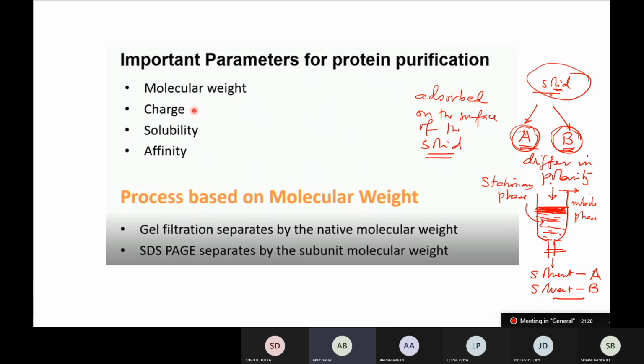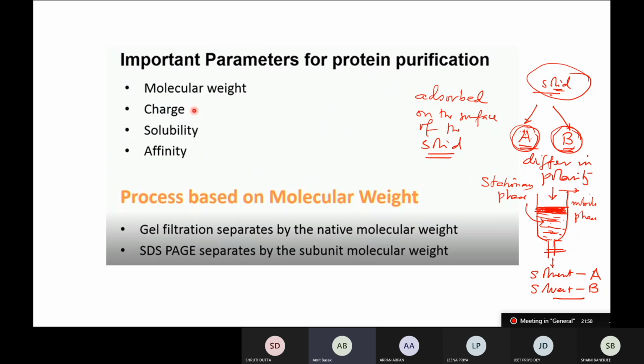Now basically what happens when you add the solvent is that the solvent also has interaction with A and B, and that interaction will also be different, because of the difference in polarity of A and B. So as the solvent goes down, the solvent wants to carry A and B with it as it goes down.